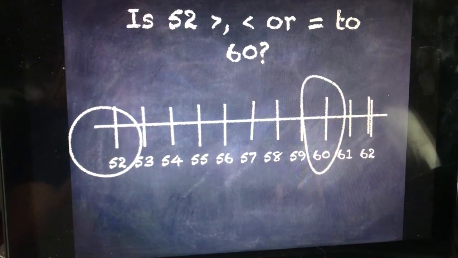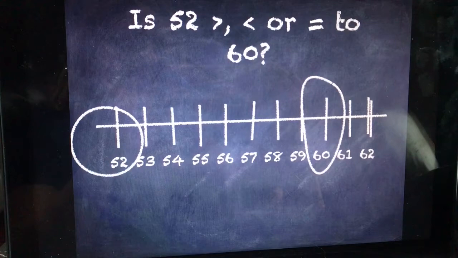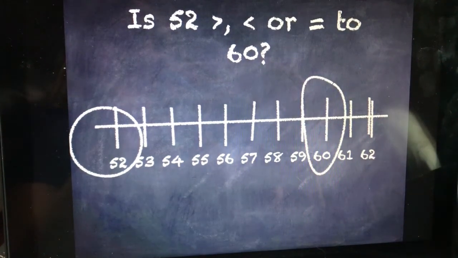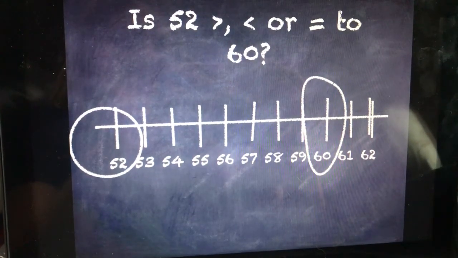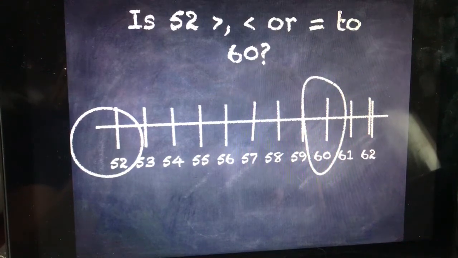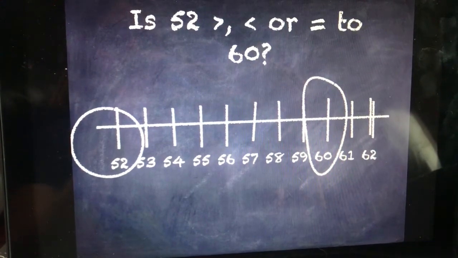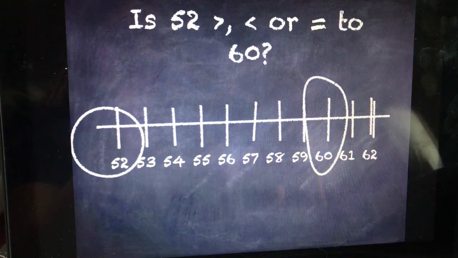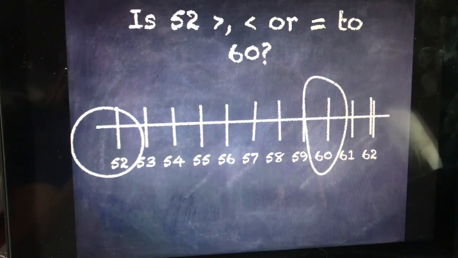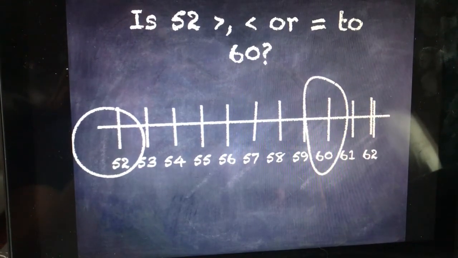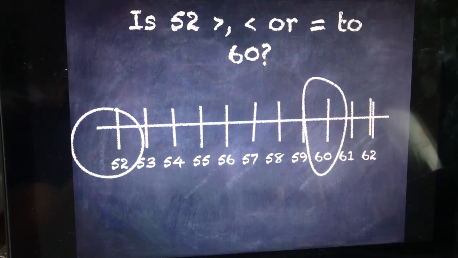Remember when I said less than goes towards 0? Remember when I said greater than goes towards a bigger number? So if we look at 52, which way are we heading to get to 60?